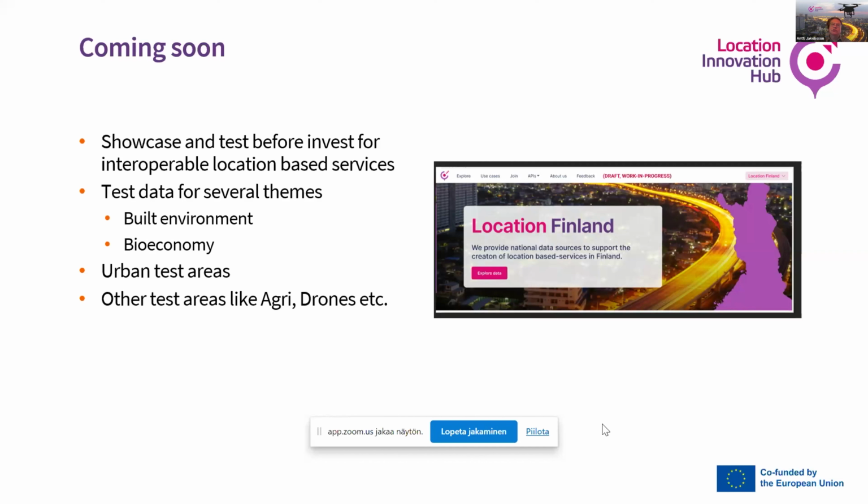The idea is to start with the built environment and bioeconomy. We will be providing urban test areas. We have also other test areas like agri and drones that will be visible. So it's trying to address these issues that Jordi raised, where we have to link very new types of information together with this kind of reference information, and we will start with this Location Finland approach.